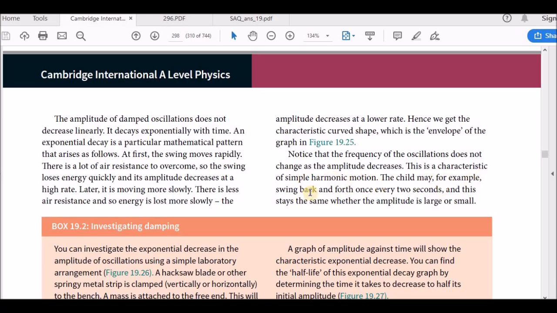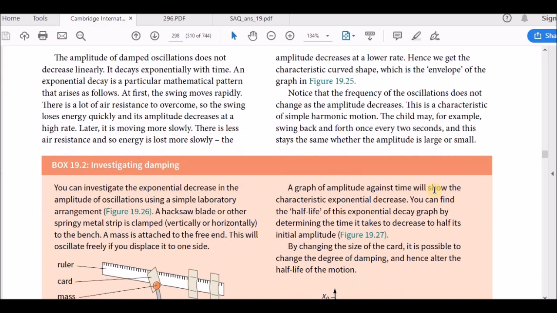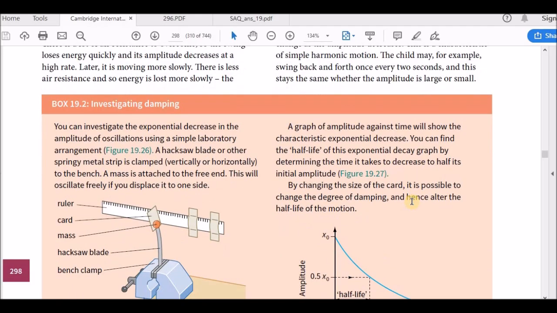The child may, for example, swing back and forth once every 2 seconds, and this stays the same whether the amplitude is large or small. Previously also I explained this. The period or frequency is independent of the amplitude of oscillation for a particular system. So whether you start swinging it from a small displacement or a large displacement, the period of oscillation will be the same.